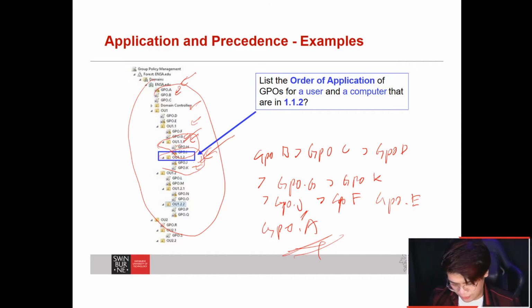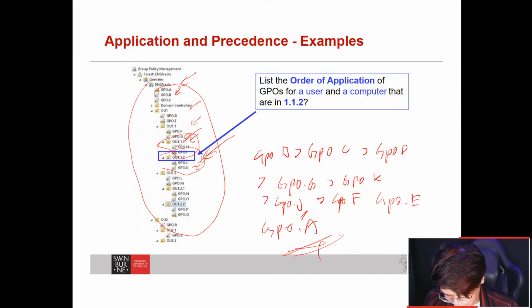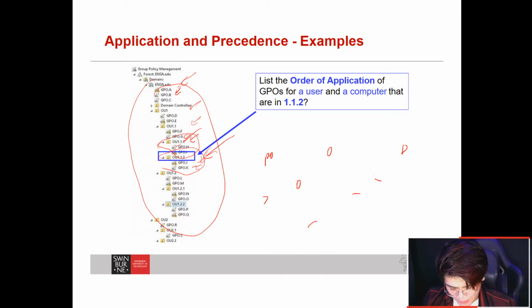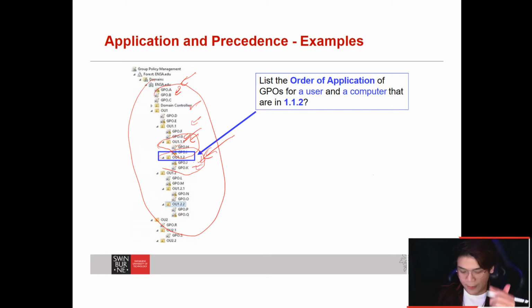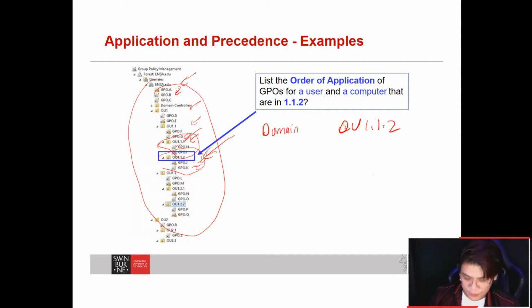Let me see how to write this. Let me delete all of this and then give you an example. What do I mean by it depends on what you apply and so on? So for example, at the domain level and at the OU 1.1.2 level, that's a different type of GPO.